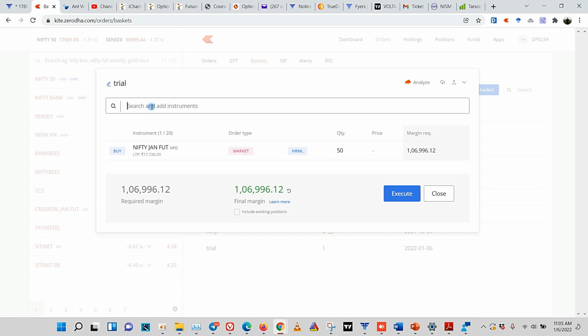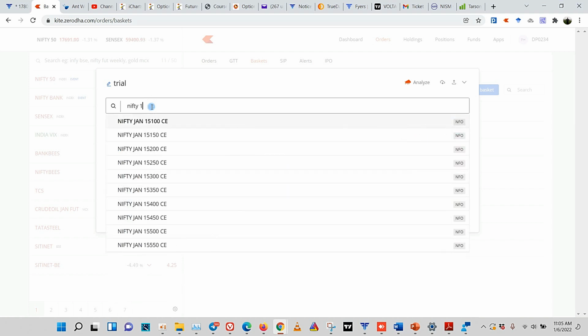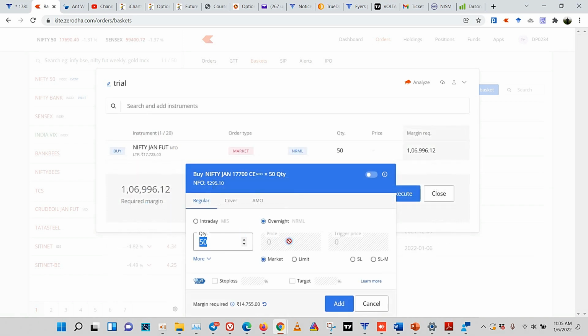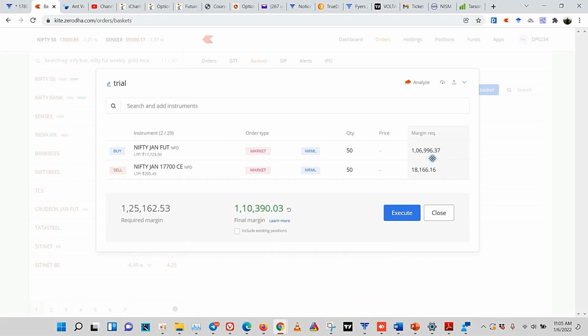If we hedge this position by selling a call, what will happen? If we hedge this position by selling monthly call, margin requirement is not decreasing, it is almost the same. But margin requirement for call selling is not added.